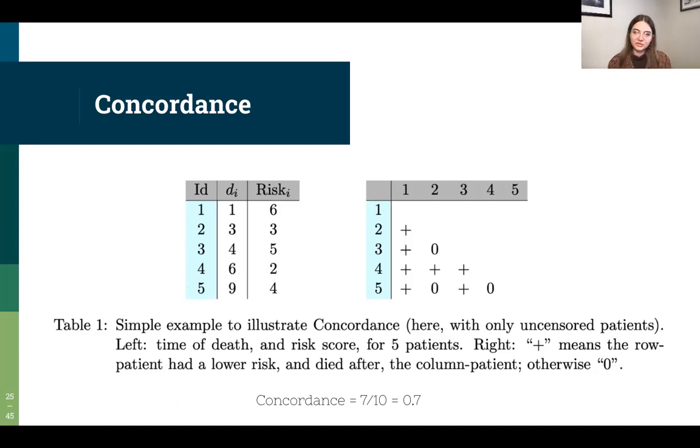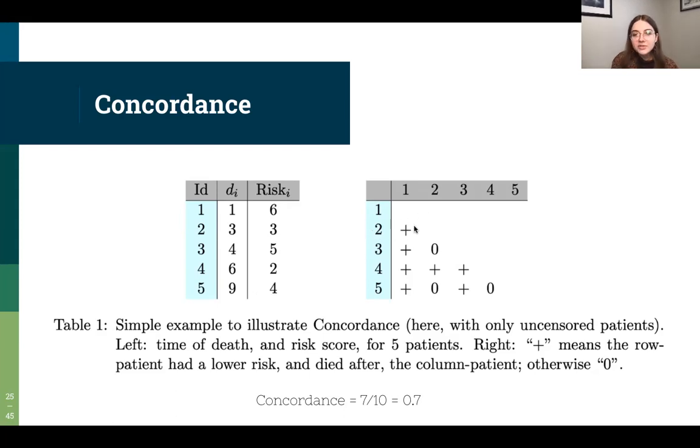So what concordance will do is it will take all potential pairs of these patients, and when comparing, say, patient 2 against patient 1, what it cares about is that if patient 2 actually died before patient 1, and patient 2's risk score was predicted higher than patient 1's, then in this little table, it would get a little plus mark.